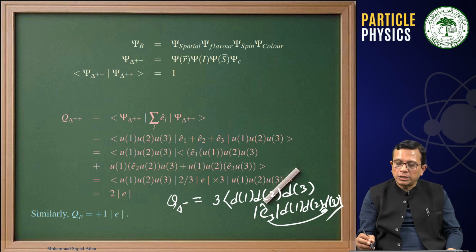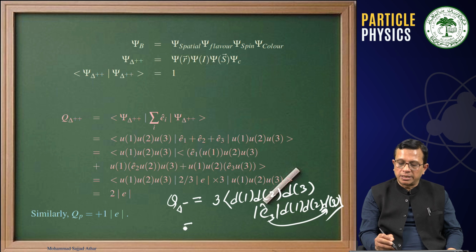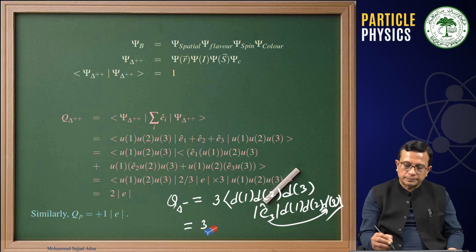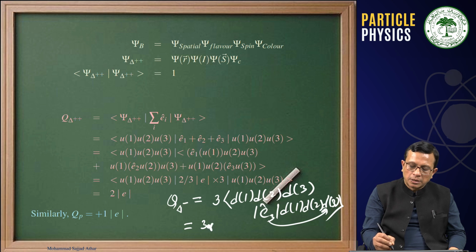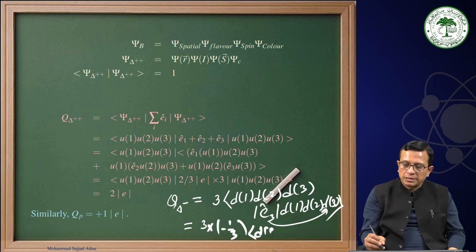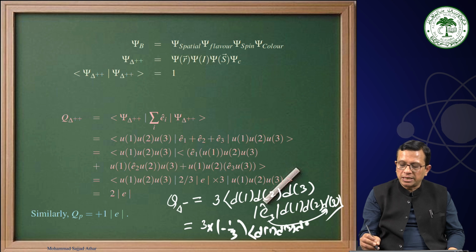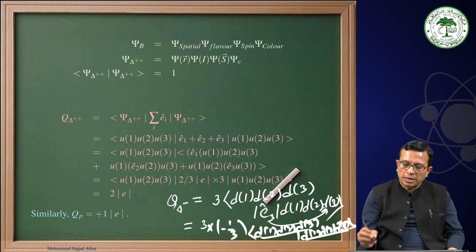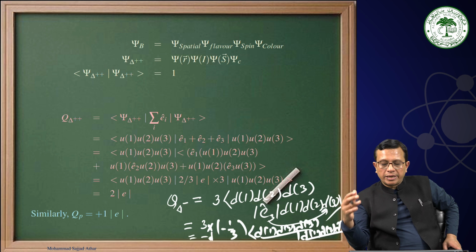Now E3 will only operate on D3 and this will give us minus 1 by 3, and therefore this will be 3 times minus 1 by 3, and then we have D1, D2, D3, and these are normalized. Therefore, we are getting it to be minus 1. This is how we calculate the charge of a particle.